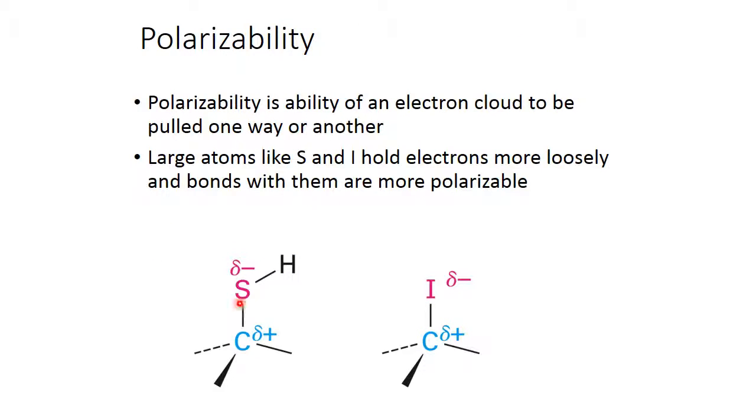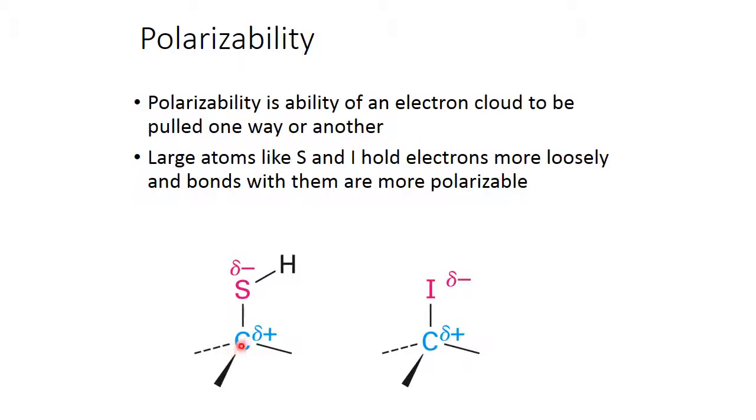There are some bonds that we draw with a del positive and del negative, even though the electronegativity values don't indicate that they should. The reason is that large atoms like sulfur and iodine, which are not of lower electronegativity than carbon, are huge atoms, so that when a negative charge comes close to the carbon, the electrons push away onto the sulfur so as to form a del positive.